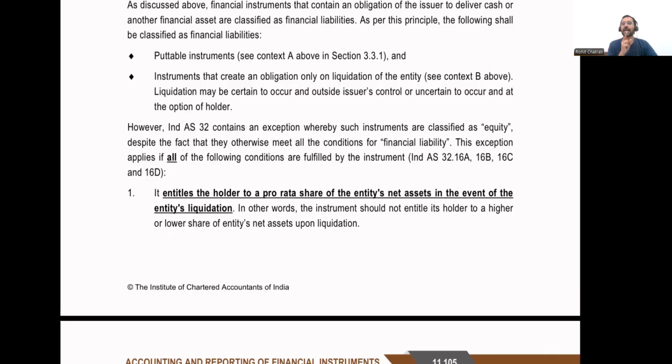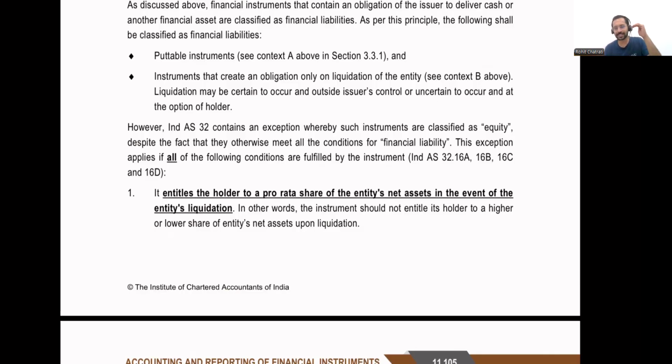Our common sense says that just like equity shares for a company, units are the same for a mutual fund, and hence units issued by a mutual fund should be classified under shareholders' funds. But logically, this is a puttable financial instrument wherein the mutual fund has an obligation to pay cash back to the unit holder, and that is a characteristic of a liability. So there is a conflict.